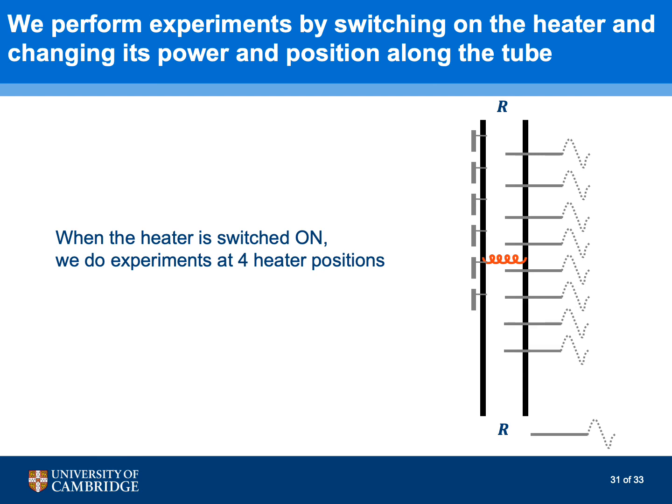When we switch on the heater, we perform experiments at 4 different heater positions and investigate heater powers up to 180 watts in the way described earlier. With these experiments, we train our 2 thermoacoustic models and infer their parameters.